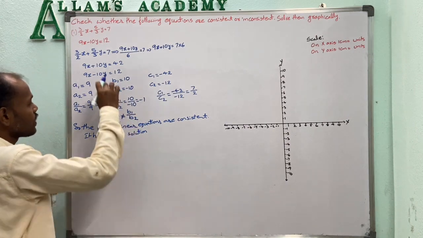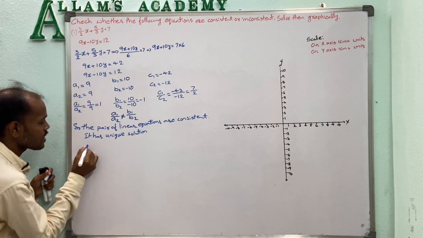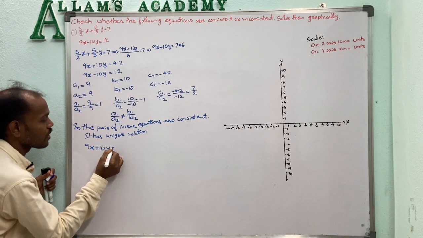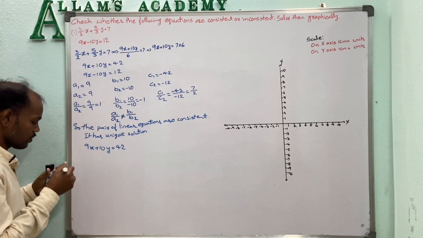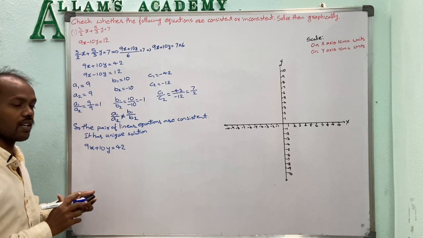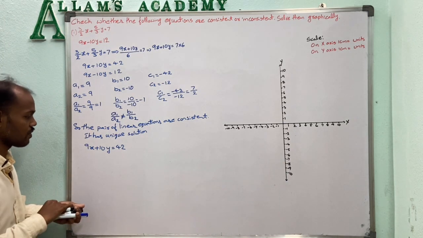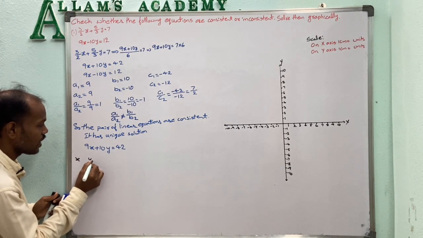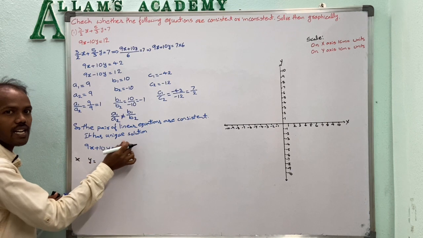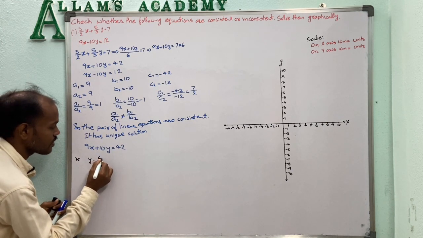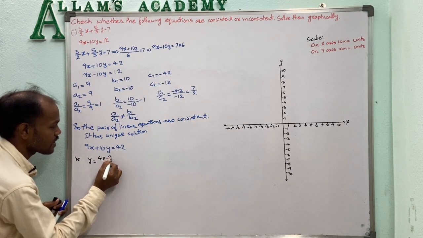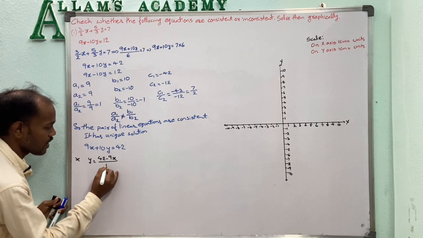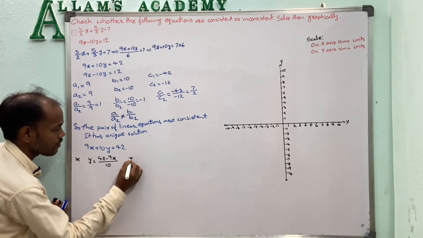Now solving the first equation, 9x plus 10y equals 42. For different x values we get different y values. So y equals, transferring plus 9x to this side, minus 9x, 42 minus 9x, and the multiplication by 10 transfers to this side as division by 10.